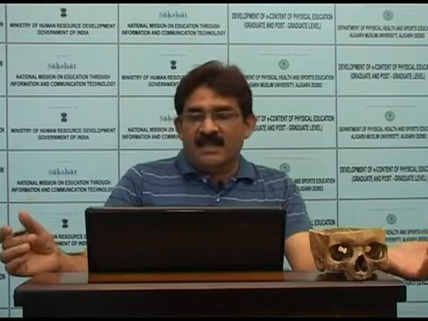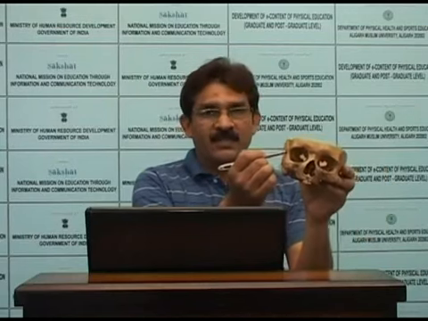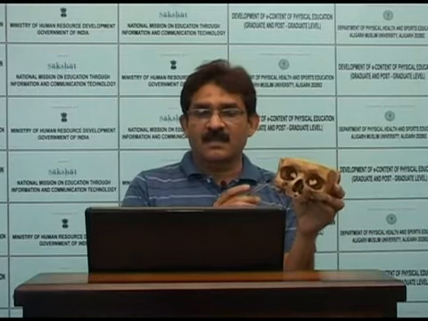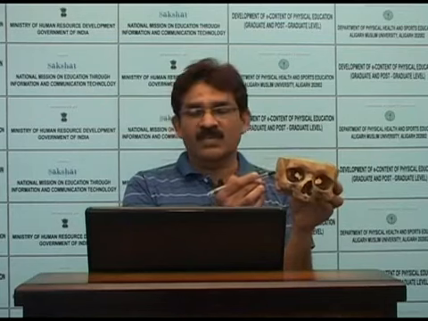Now let us start the lateral aspect of the skull. Lateral aspect means this is the lateral side of the skull. Here are different bones, but with sutures we can explain.